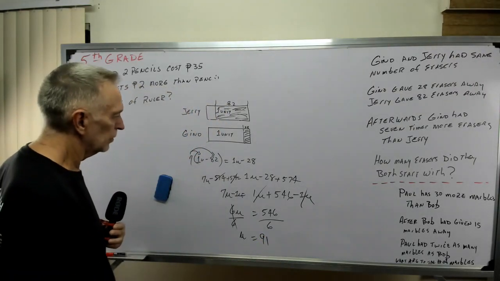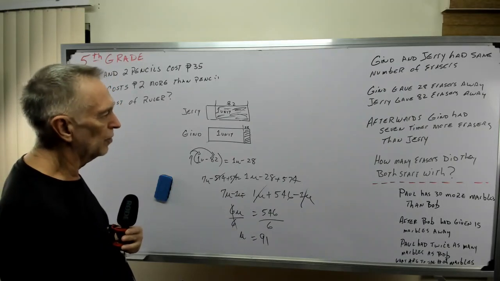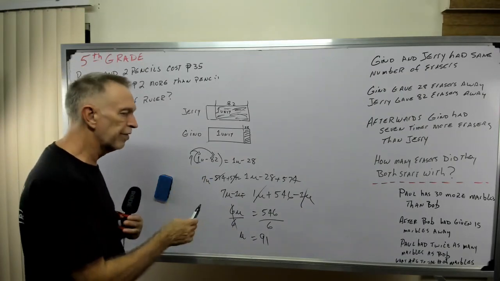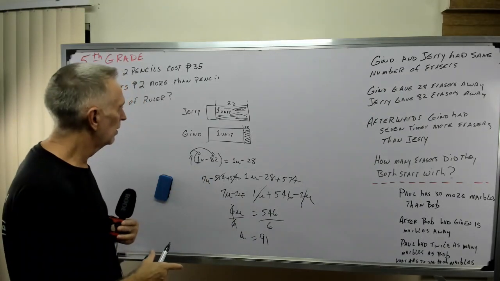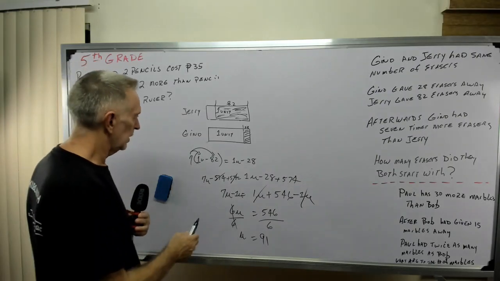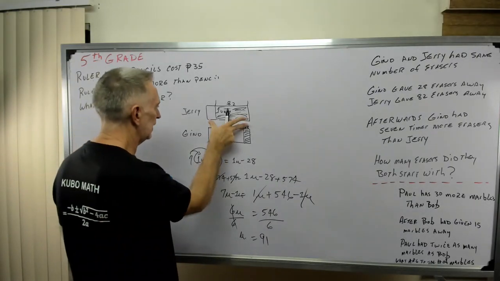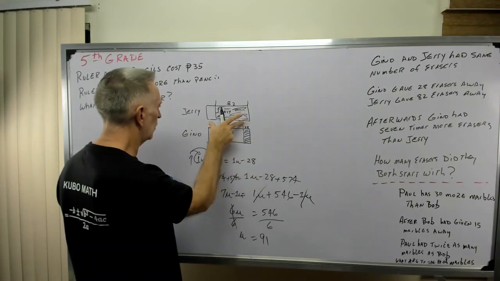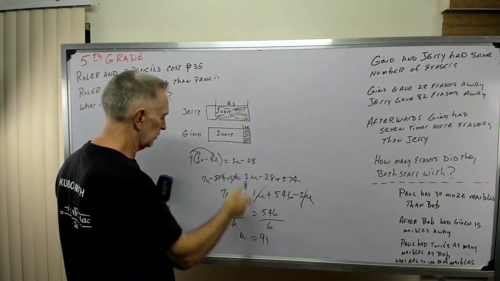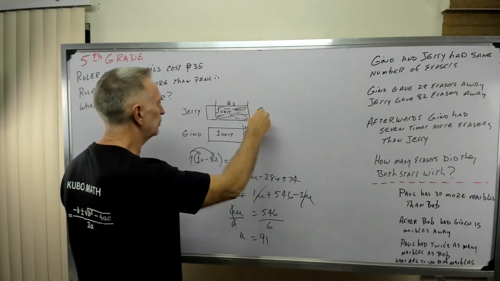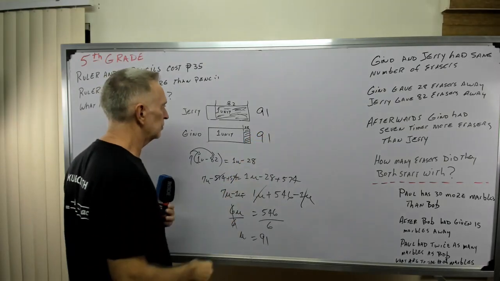Now, the question becomes, how many erasers did they both start with? Well, U equals 91. So they both started with 91 erasers.